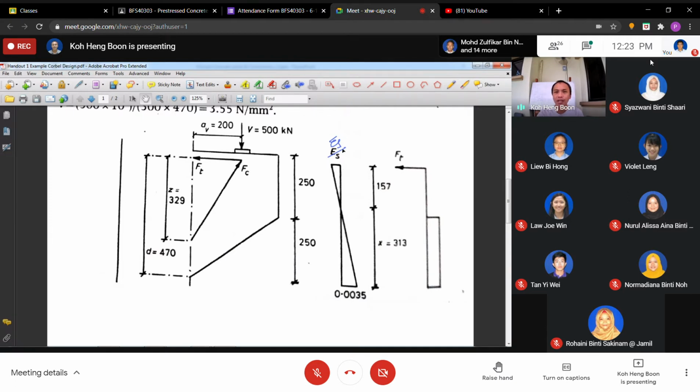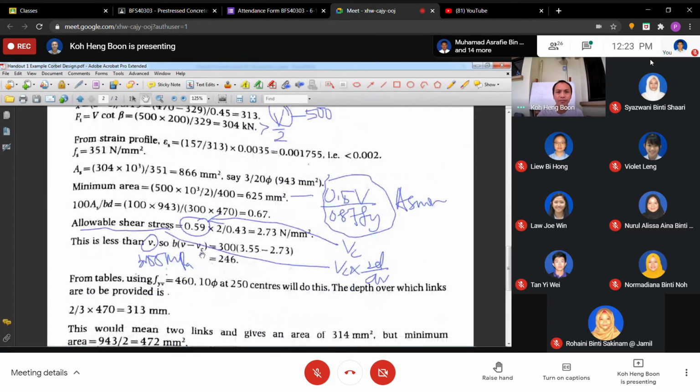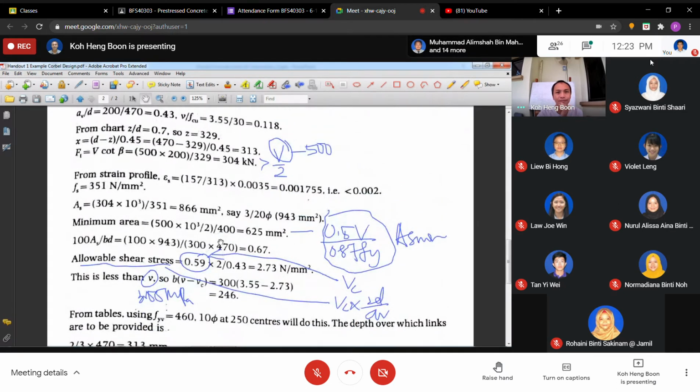You get the strain of the steel here. So we get 0.001755, so it's less than 0.002.